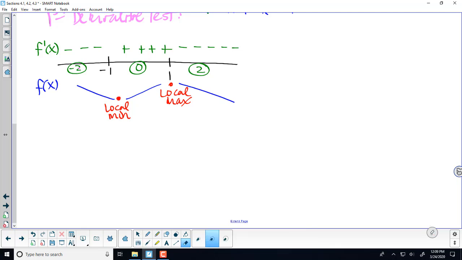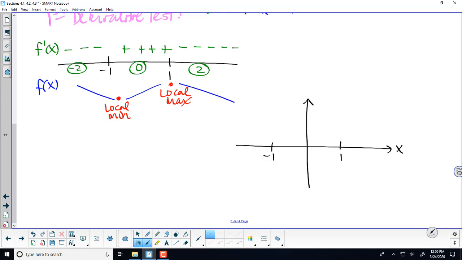Okay, so how do I know if that local max and local min are global max or min? Well, here is where we have to kind of rely on the graph or what we know about rational functions. So let's think about this for a second. We've got -1 and +1. What's happening at those points?